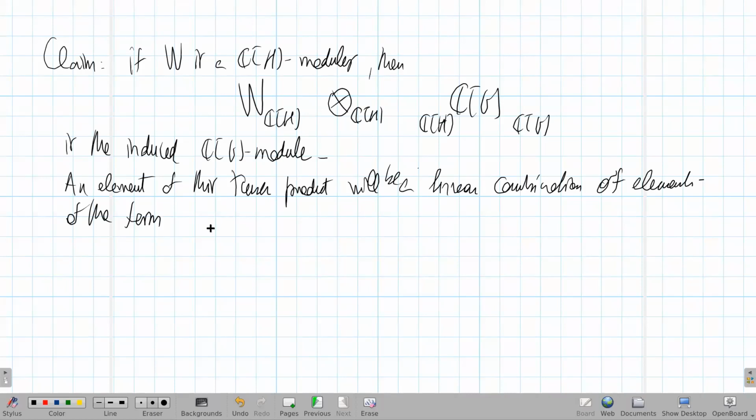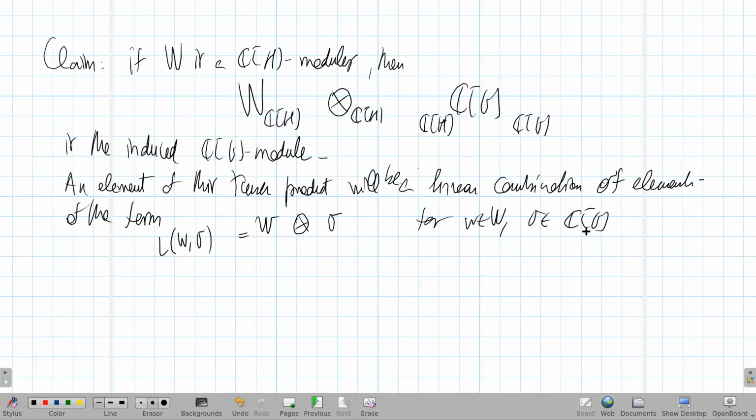But you have to take linear combinations. So it's not surprising that the same holds here, and of the form w times sigma, for w in W and sigma in CG. That's how we described things earlier. And what's this simple tensor? It is the iota of (w, sigma). Remember the universal property on the first slide on the first board today. This is just the image of this pair. But we'll get back to that later.